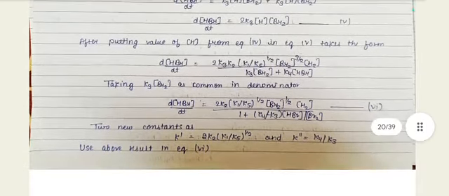After putting the value of [H] from equations 4 and 5, it takes the form d[HBr]/dt = 2k3k2 (k1/k5)^(1/2) [Br2]^(3/2) [H2] / (k3[Br2] + k4[HBr]). Taking k3[Br2] as common in the denominator, d[HBr]/dt = 2k2 (k1/k5)^(1/2) [Br2]^(1/2) [H2] / (1 + (k4/k3)[HBr]/[Br2]).